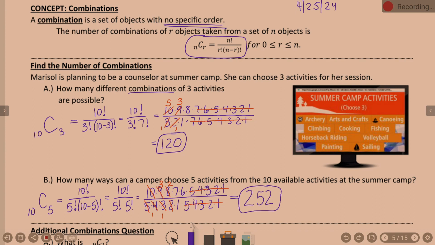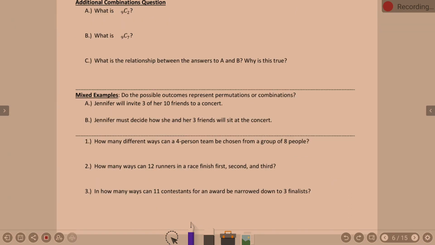Are we seeing how the combination formula works? Okay, continuing. Do we have what we need? I'm going to go with that's a yes. Some other combinations.